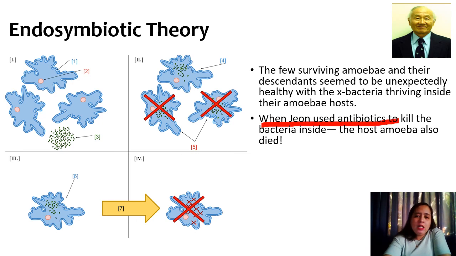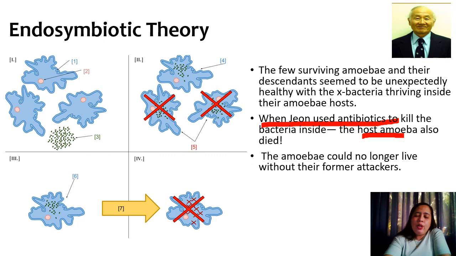Pero what happened is that, namatay nga yung bacteria inside, but even the host amoeba died also. So, the amoeba could no longer live without their former attackers. So, their former attackers now became symbionts of this amoeba.